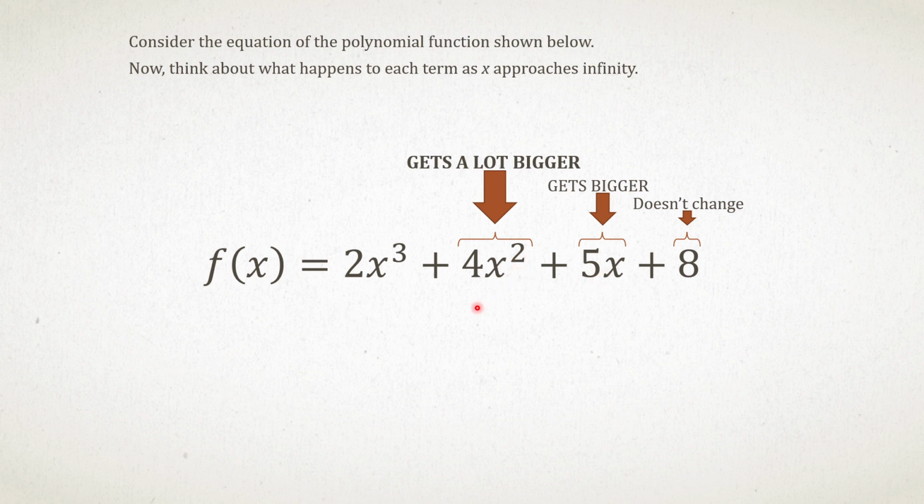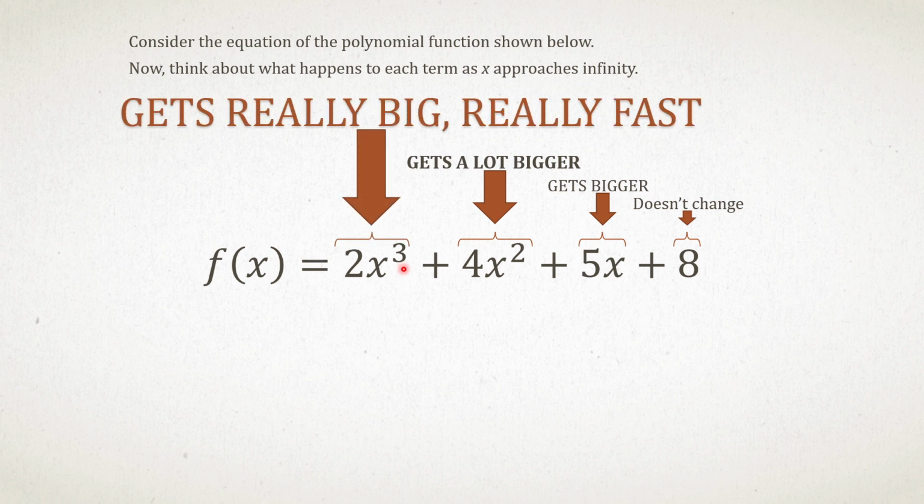And for the same reason, our 2x cubed term here gets really big, really fast compared to the other terms because now we're cubing x. And as you can imagine, if you start putting in larger and larger values for x and now you cube them, the results you get are massive, especially when compared to our other terms here.